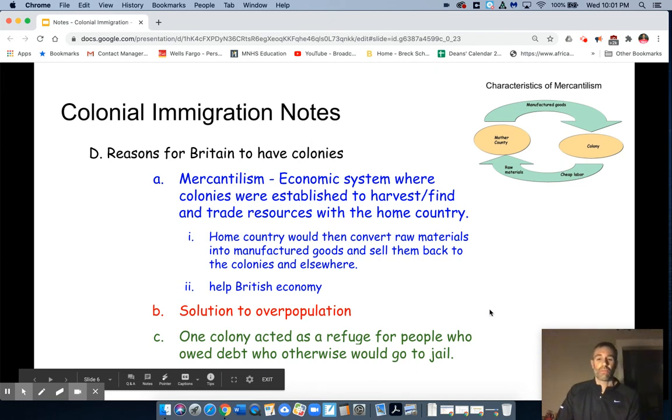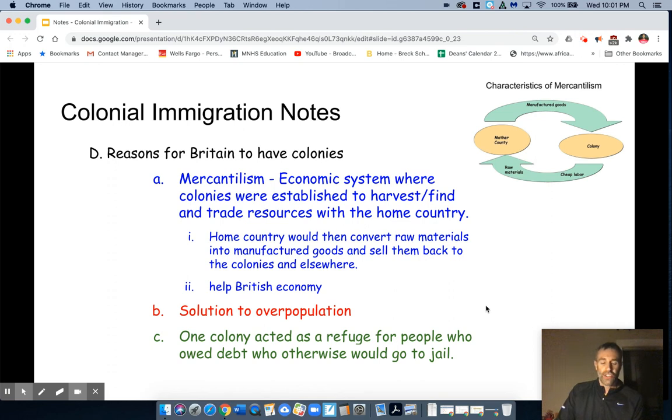Georgia, for example, was set up for that reason. So instead of paying off the debt, you would go work it off in this place called America. And then finally, Great Britain wanted to compete with Spain and France that were doing the same thing as this mercantile system. So greed was one of the primary factors pushing Europeans to come to this place called America.